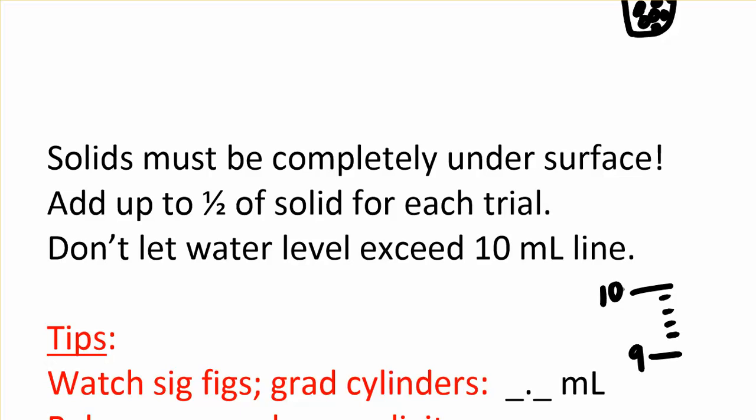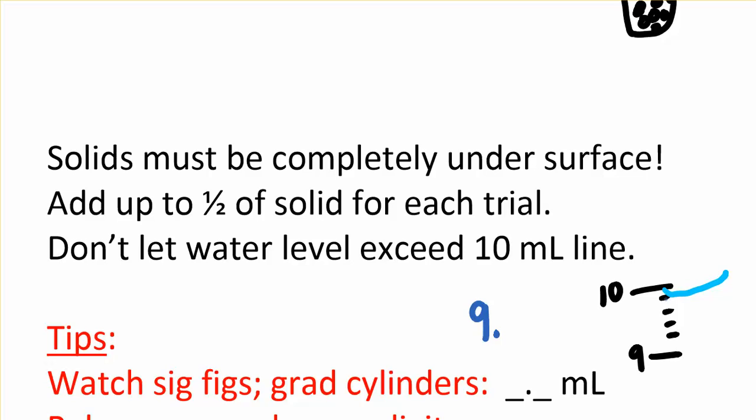Like this. So when you read that off, say that's our meniscus, we know that this is 9 point something. What is that little line there? That's 9.8, isn't it? Because each of these lines represent 0.2.